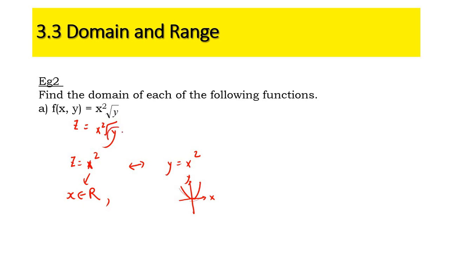So you set y greater than or equal to 0, so that the square root function will be defined. That's why your domain is actually x takes up all the real numbers, but y is greater than or equal to 0, and y is also a real number. So is it okay? Okay, doctor.